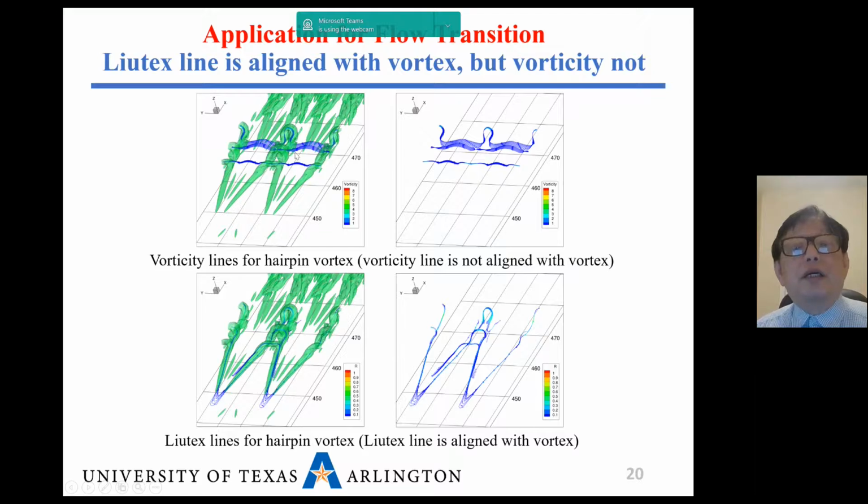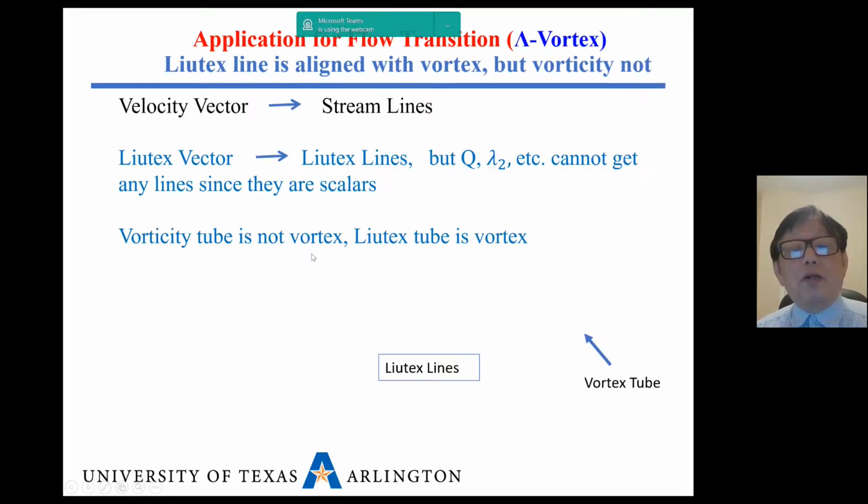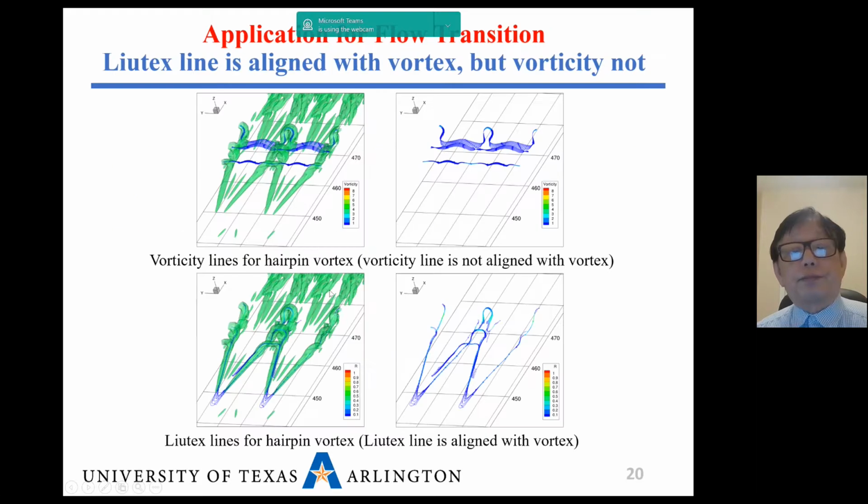You can see they do not coincide. They are totally different directions. But look at the Nutex. They have the same direction as the vortex structure. So Nutex can directly be used to show the vortex structure.